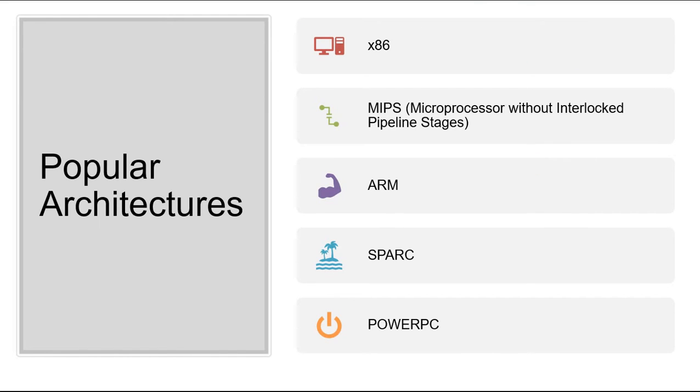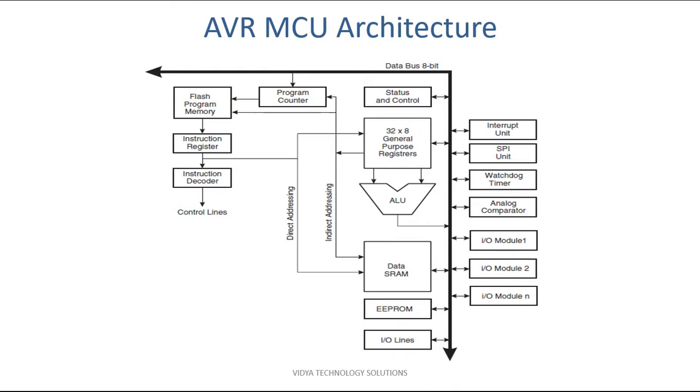There are a number of different popular architectures which are created for microprocessor development. I think you might know about x86, MIPS, ARM, SPARC and PowerPC. But these are all for creation of microprocessors. What we are going to implement is an embedded system, and therefore we need to understand the microcontroller architecture.